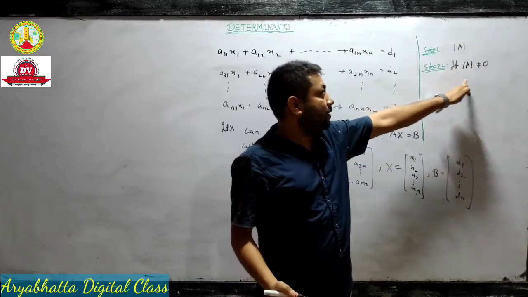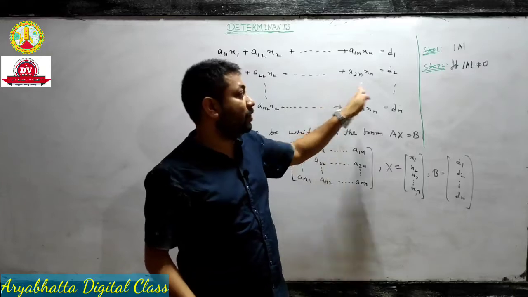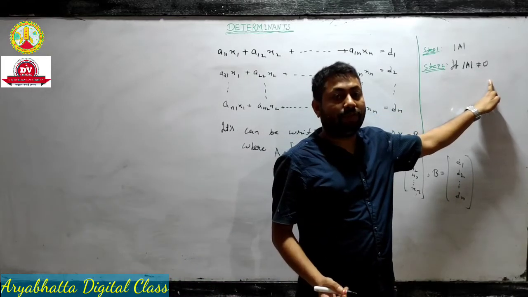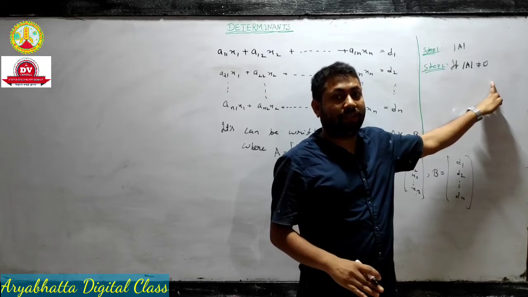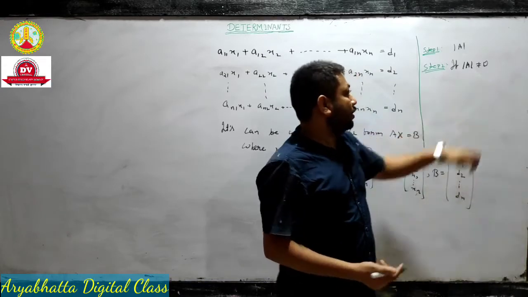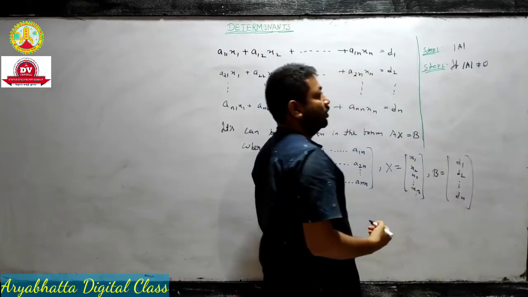Step 2: if the determinant of A is not equal to 0, then the system of linear equations is consistent. Consistent means the solution exists, and it has a unique solution.